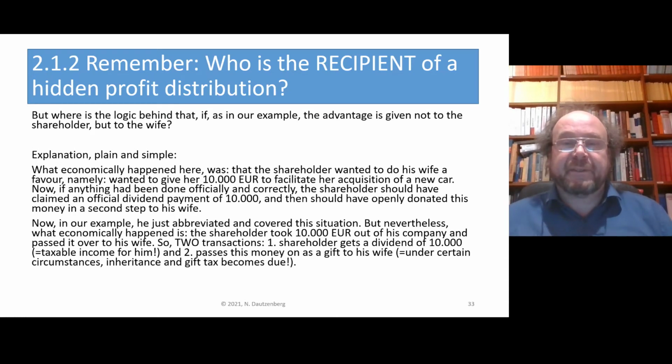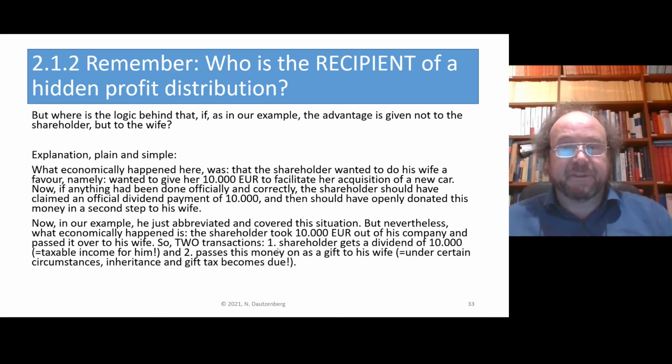So the second step: the shareholder would have income, and passing over that income to the wife or child would be a gift, so no taxable income, but probably relevant for the inheritance and gift tax. Indeed, it's exactly treated this way when it comes to application of inheritance and gift tax.